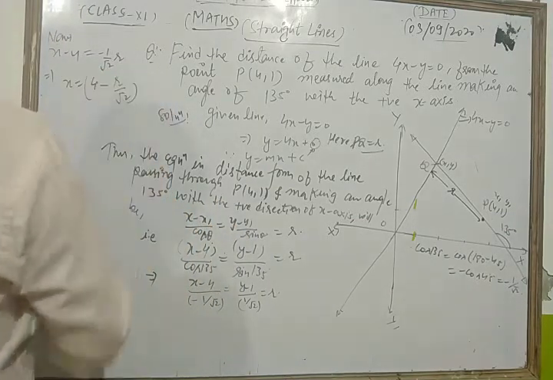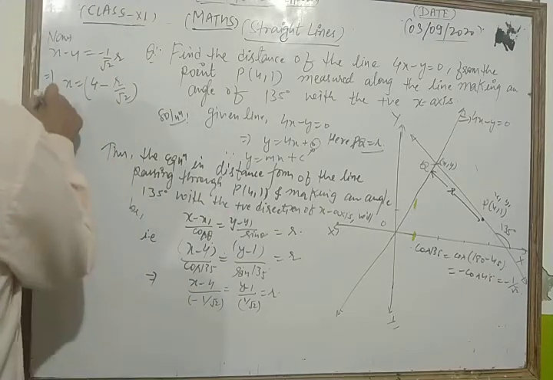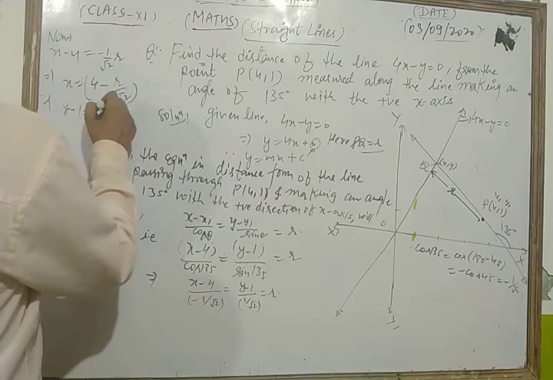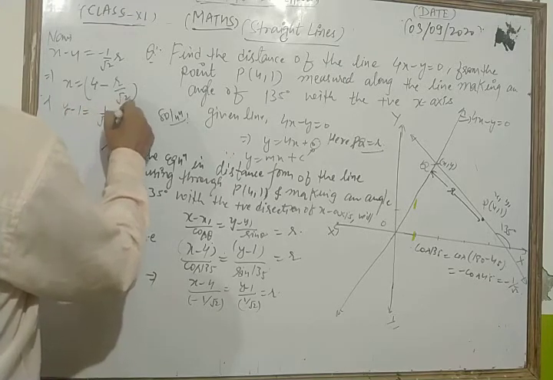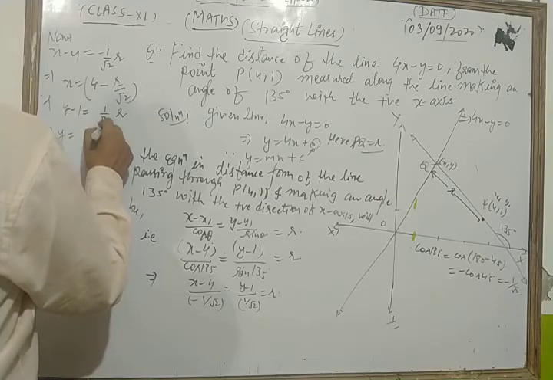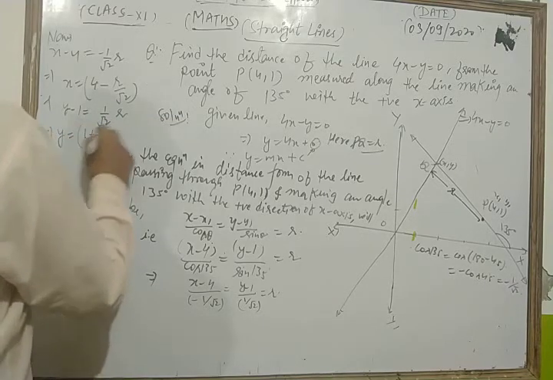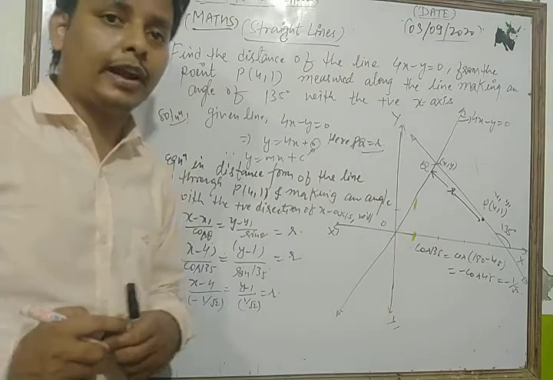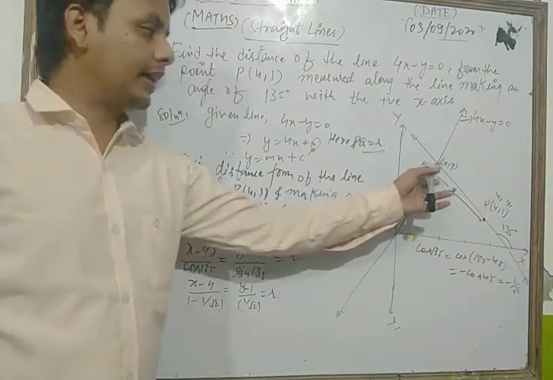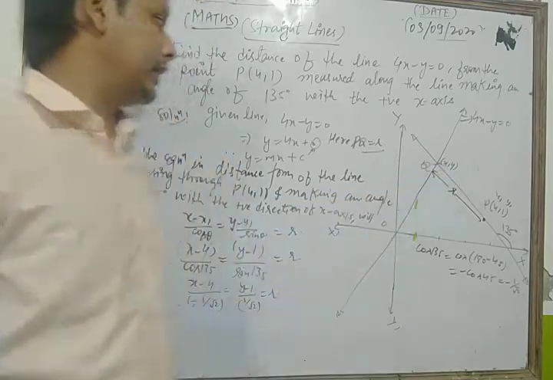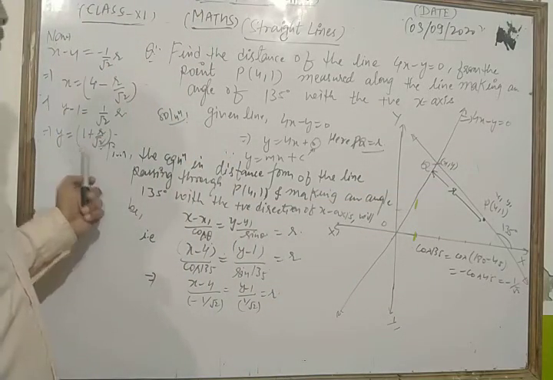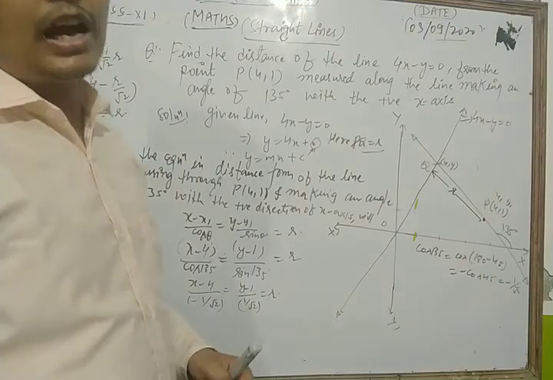Now if we take y minus 1 is equal to 1 upon root 2 into r, then y is equal to 1 plus r upon root 2. So in this way, we find the coordinates of Q: x is 4 minus r upon root 2 and y is 1 plus r upon root 2.